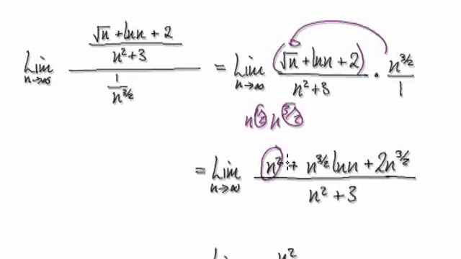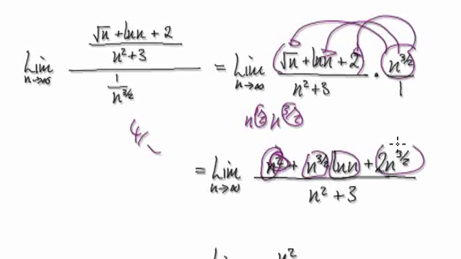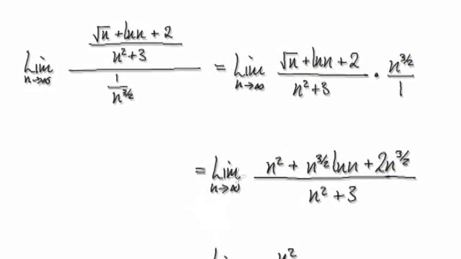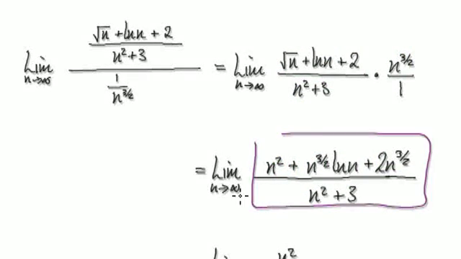You add these two exponents, and that will give you 4 over 2, which is 2. Then this times this gives you this thing, and this times this gives you this, and then 1 times this gives you this. So now you ultimately want to know what this whole thing here will be as n gets very big.